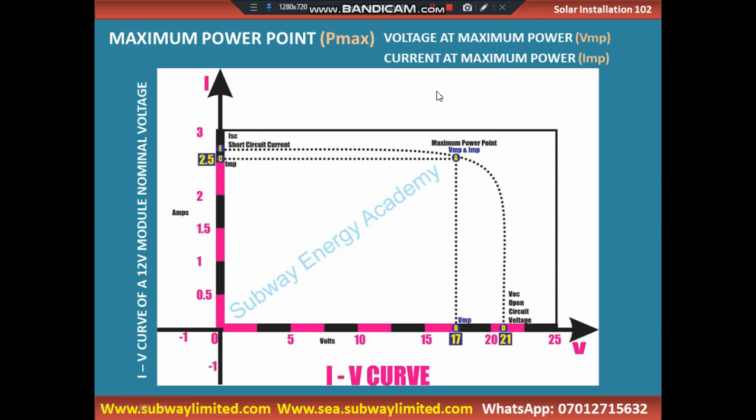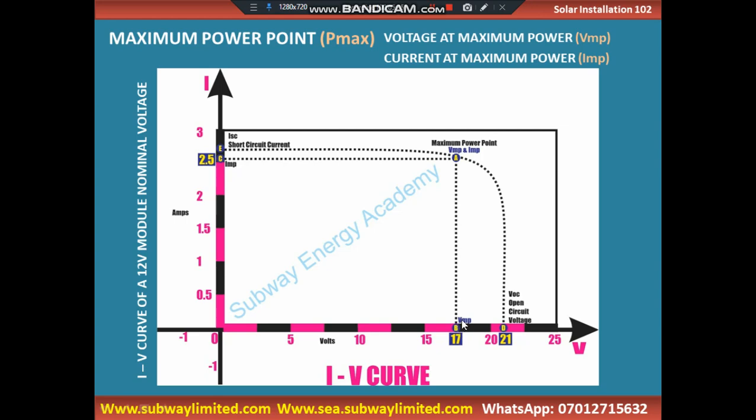So when you subject your solar panel to such a condition, there will certainly be a voltage. That will be the voltage at maximum power. That means when you are having a maximum power, there is a voltage that gives you that maximum power, and there is equally a current that gives you that maximum power.